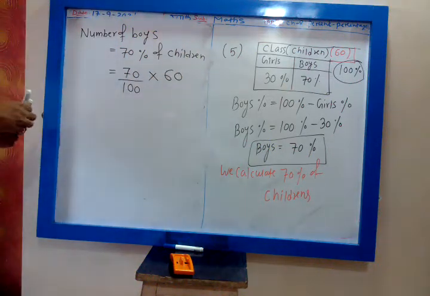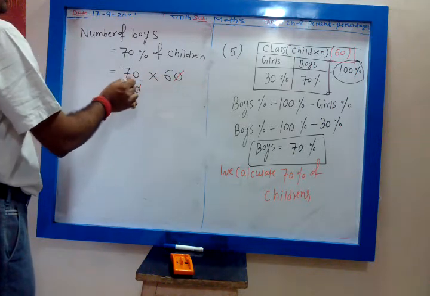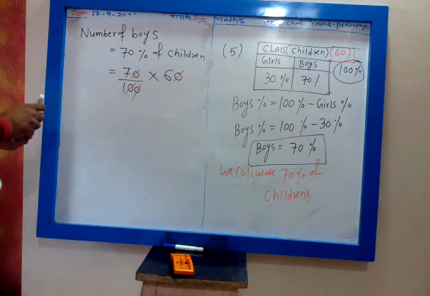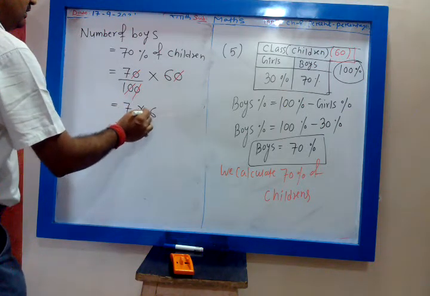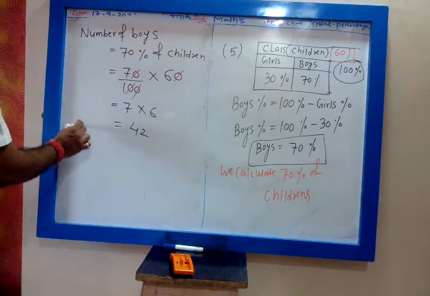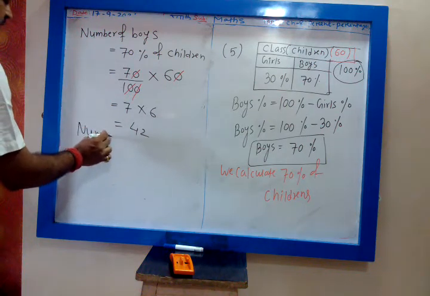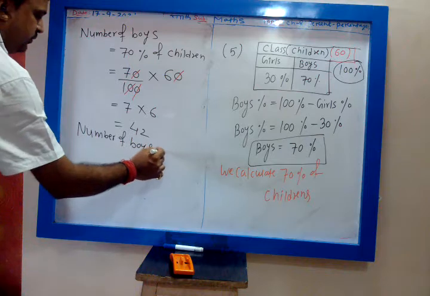So you simplify this. The 0 gets cancelled with this 0. What is left? 7 into 6, that is 42. So number of boys are 42.